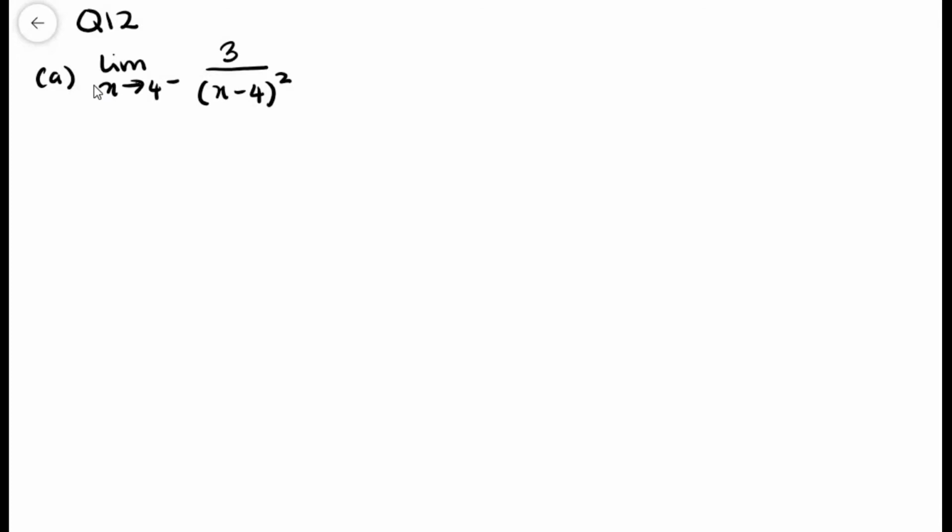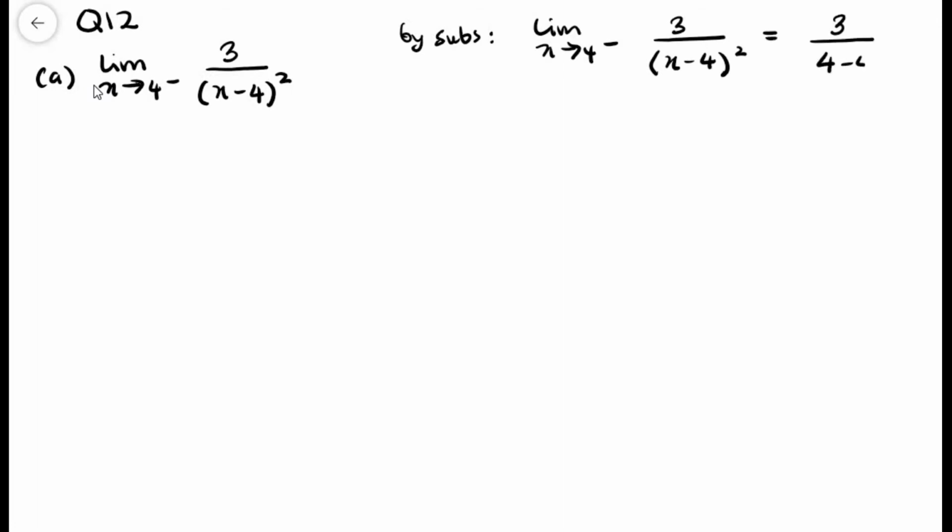Remember, the first step you need in order to solve a limit is to substitute the value x approaches into the function. So by substitution, for the limit as x approaches 4 from the left of 3 over (x minus 4) squared, if I substitute the value, I get 3 over (4 minus 4) the whole thing squared, which is 3 over 0.